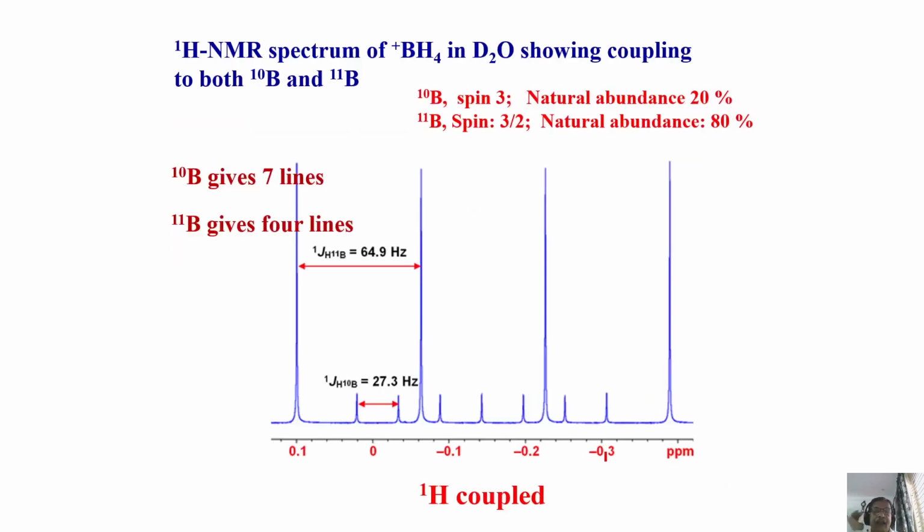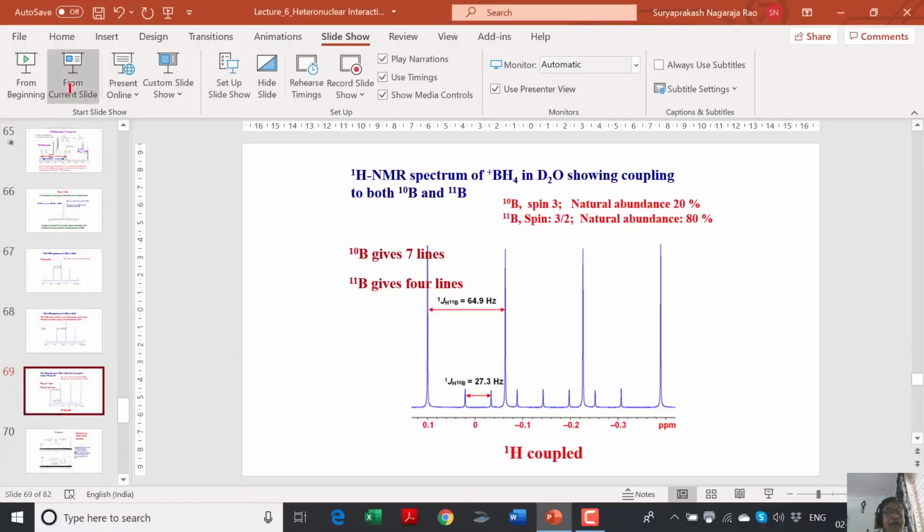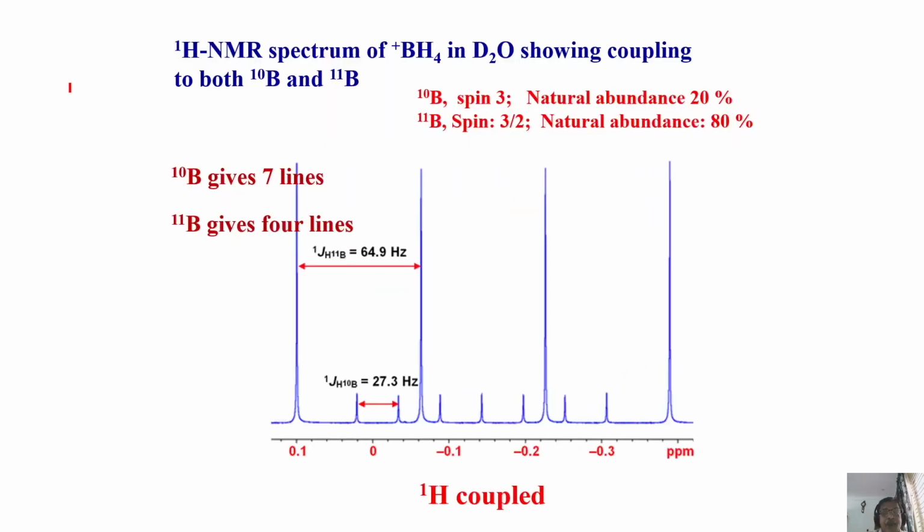Now, we saw boron NMR. Let us see proton NMR. What type of proton NMR do we get? It's a very interesting thing. See what type of things we are going to see in the proton NMR of this one.